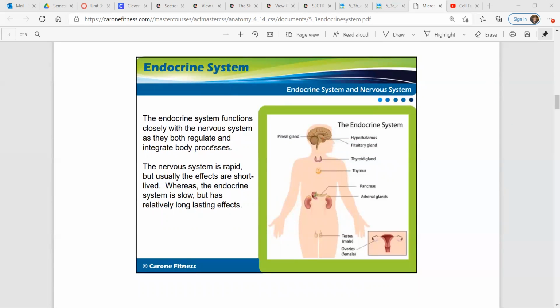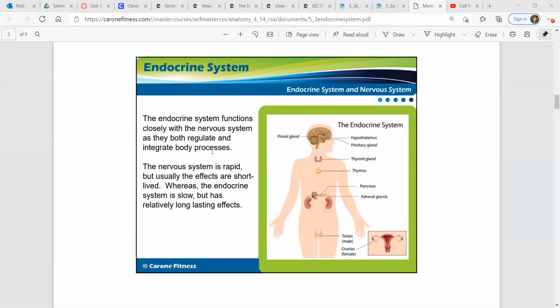Now, the endocrine system as a whole functions very closely with the nervous system as they both regulate and integrate body processes. The nervous system is rapid, but usually the effects are short-lived, whereas the endocrine system is slow, but has longer lasting effects.